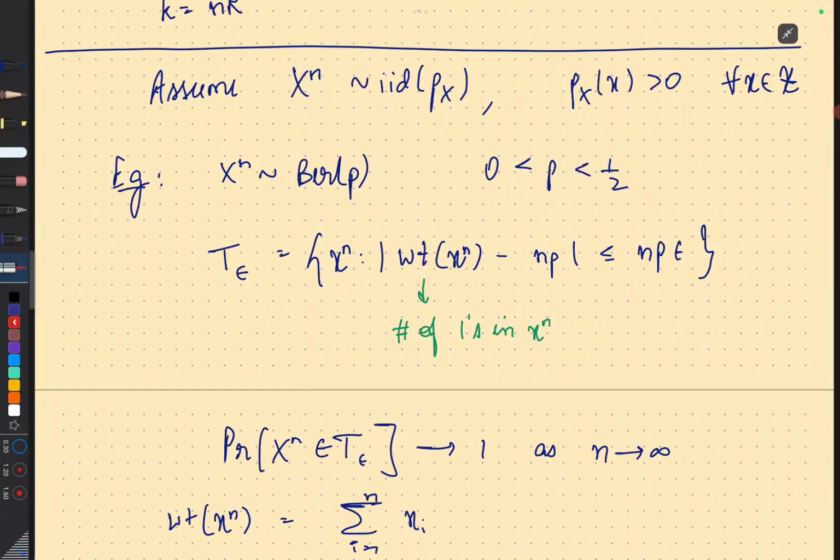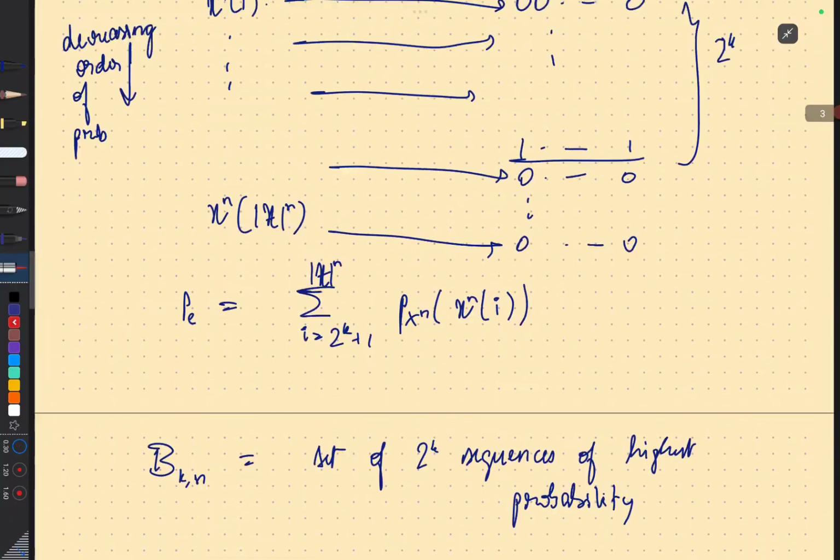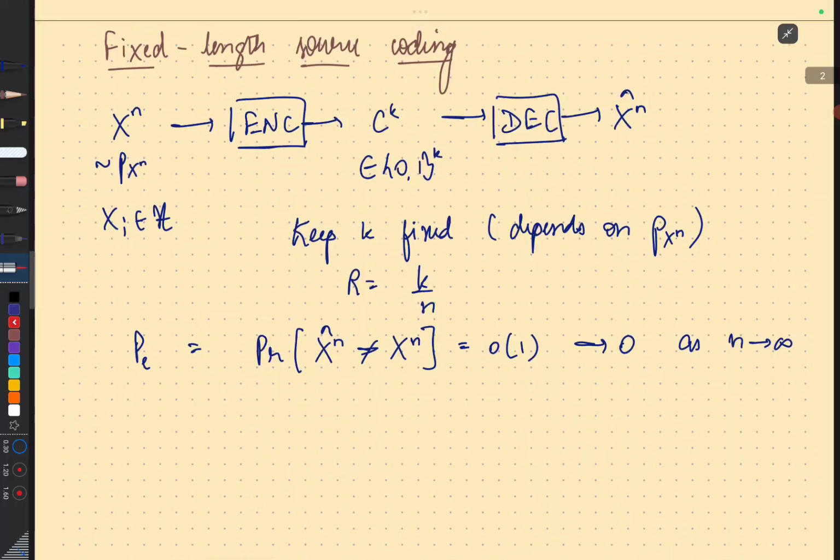One is the optimal compression scheme, wherein once you fix a k, basically what you do is list the sequences in decreasing order of probability, make a table of the top 2 to the k sequences, and then only encode those correctly. All the other sequences which don't lie in the top 2 to the k sequences are all going to be mapped to the all zeros code word.